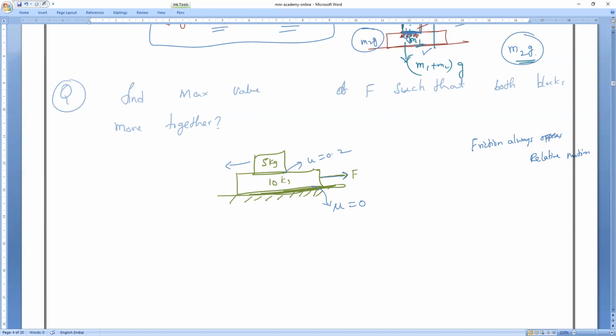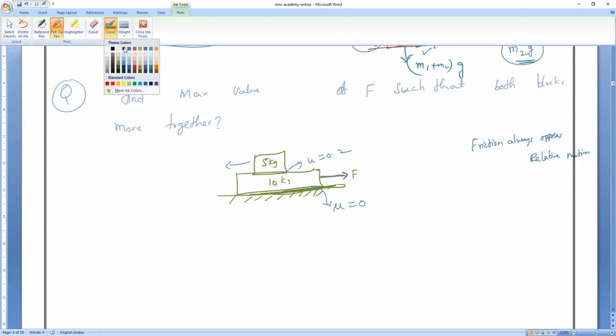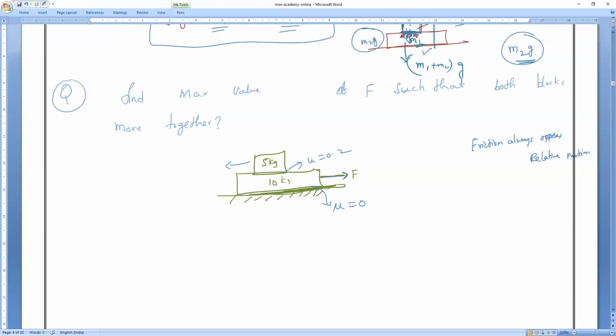If some force I apply, trying to push the first block in the forward direction, the second block goes in which direction? Backward direction. So F limiting is acting in this direction. Only the second body, observe very carefully.